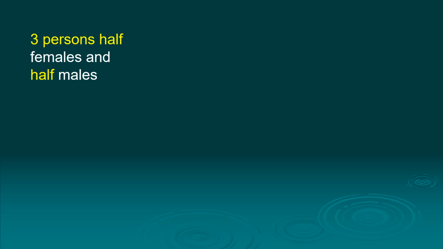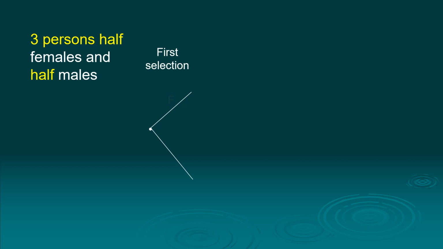To construct the diagram, let us remember that when you select 1 person, there are 2 possible outcomes. That is, you either have a male or a female. So we draw 2 branches from the starting node, one representing male and the other for the female. For each of these 2 possibilities for the first person selection, there are again 2 possibilities for the second person selection, still male or female.